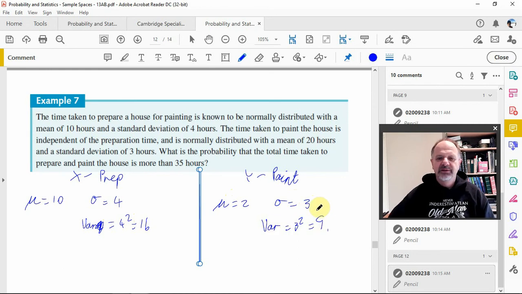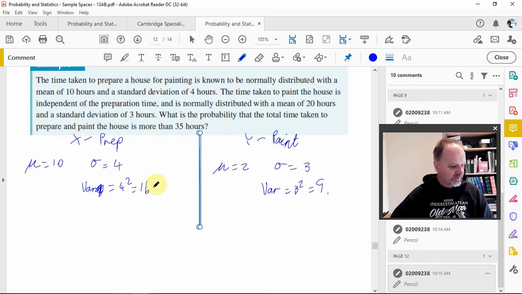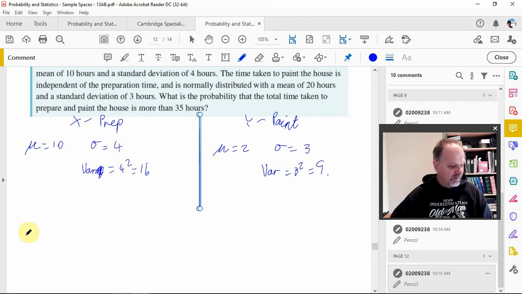What is the probability that the total time taken to prepare the house and paint the house is more than 35 hours? So prepare and paint. So we're wanting to know the probability of prepare and paint to be greater than 35.